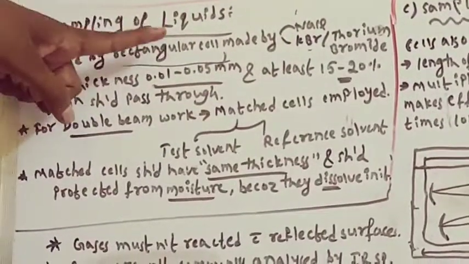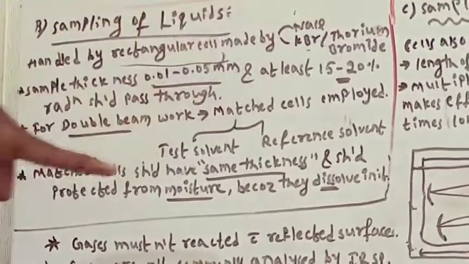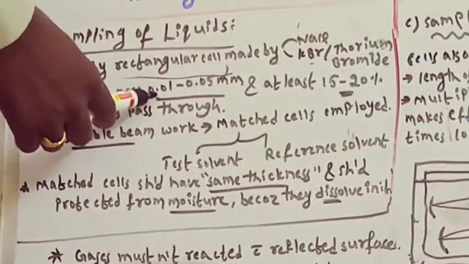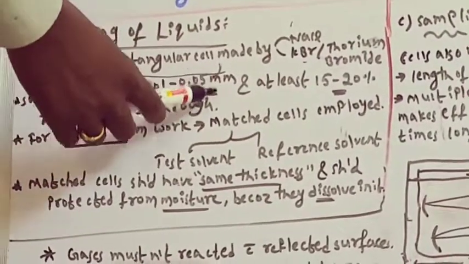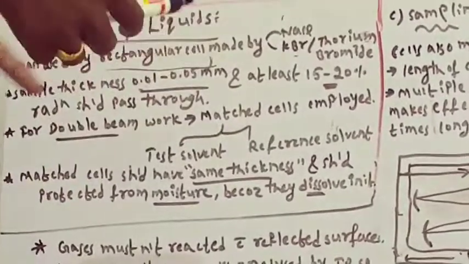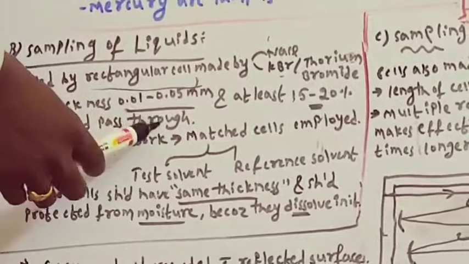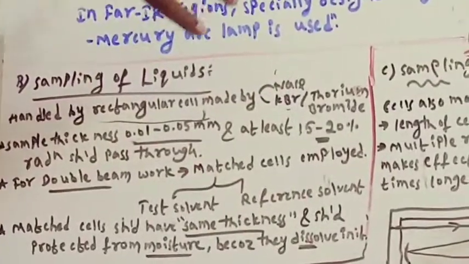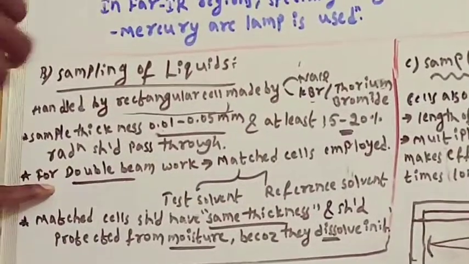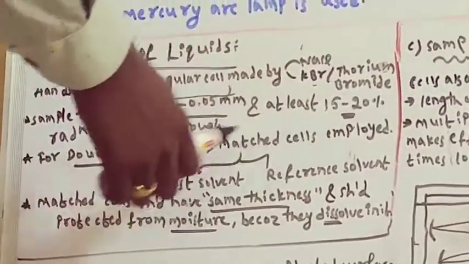The liquid sample thickness should be 0.01 to 0.05 mm, so that at least 15 to 20% of the IR radiation passes through the liquid sample. At least how much? 15 to 20%. For double beam work, matched cells are employed.